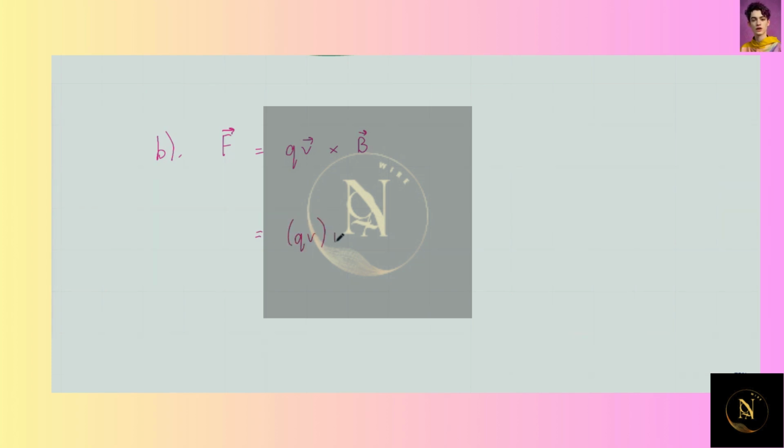qv in the i direction, and this is crossed with mu naught over 4 pi, which is a constant, q prime v prime crossed with r hat, and this is divided by the magnitude r squared.